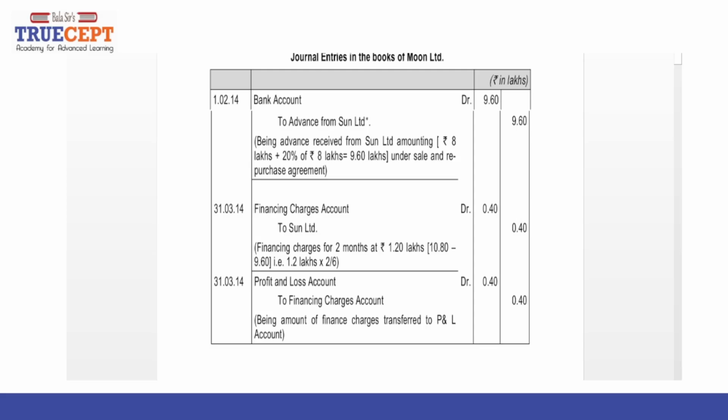And of course, on the liability side, it will show the loan amount as a loan secured by stock in trade. Is that clear? Got it? So that is the note you have to give. Remember that. And these are the 3 entries you have to record in your books as Moon Limited.